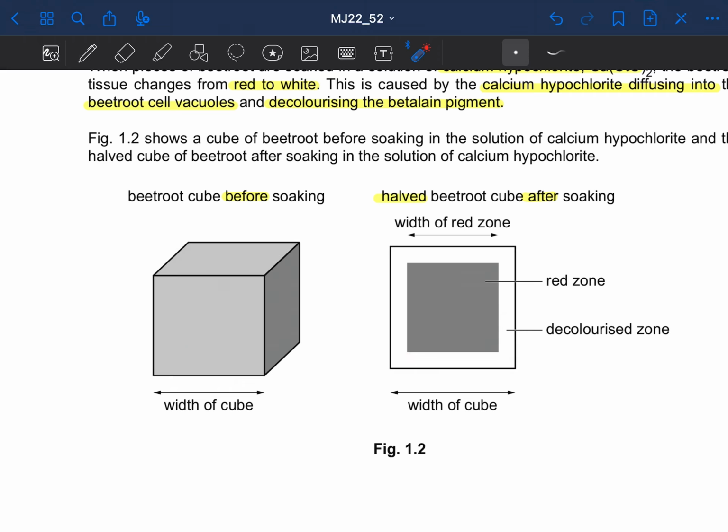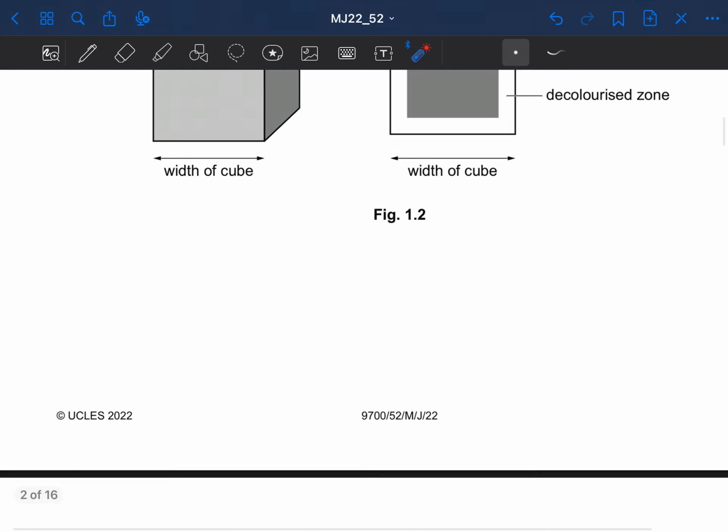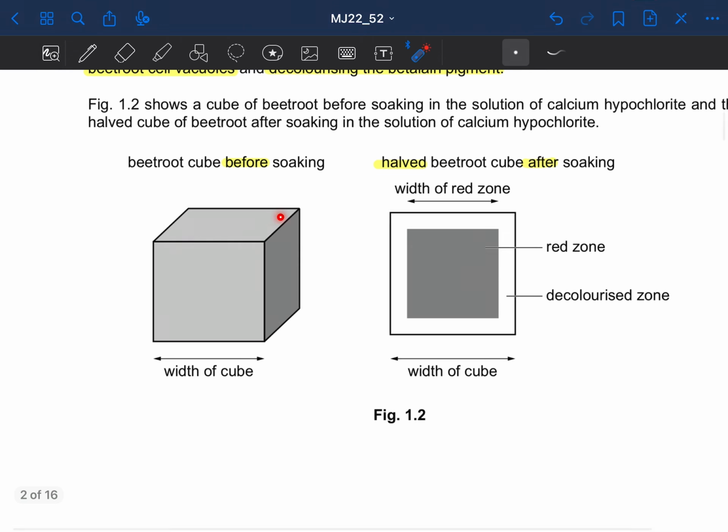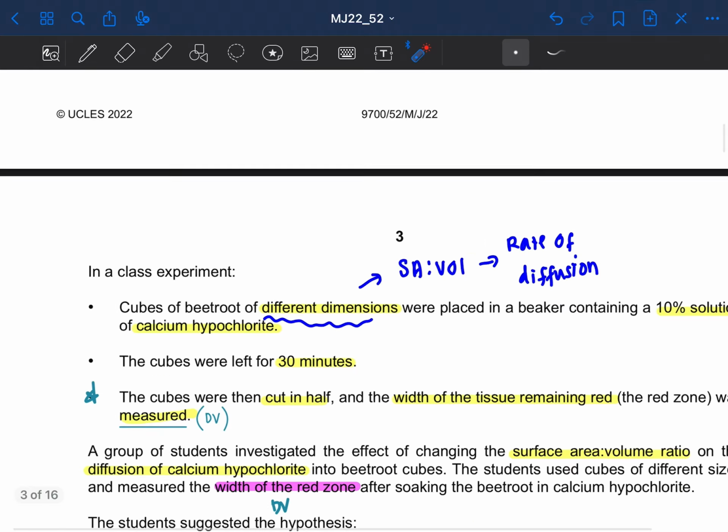So that means we need to make sure that at least the width of the cube is kept the same for all the other dimensions. So what you probably need to do is maybe just cut it in half and into thinner dimensions.